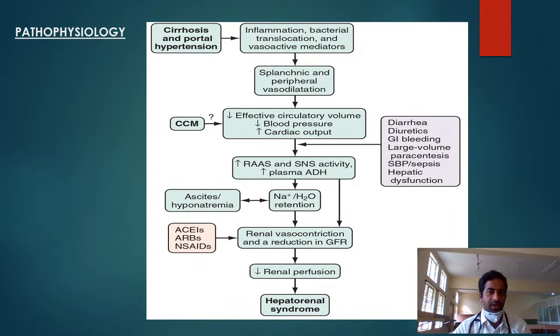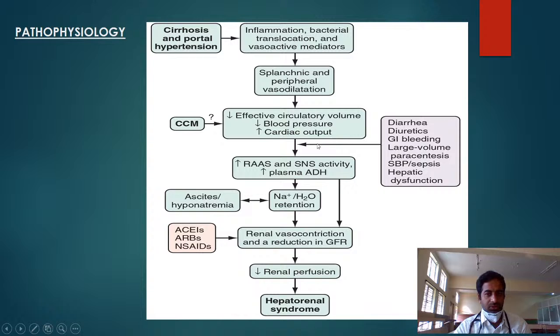So in cirrhosis and portal hypertension, the patient has inflammation, bacterial translocation, and vasoactive mediators, which lead to splanchnic and peripheral vasodilatation. That will lead to decreased effective circulatory volume, decreased blood pressure, and increased cardiac output.